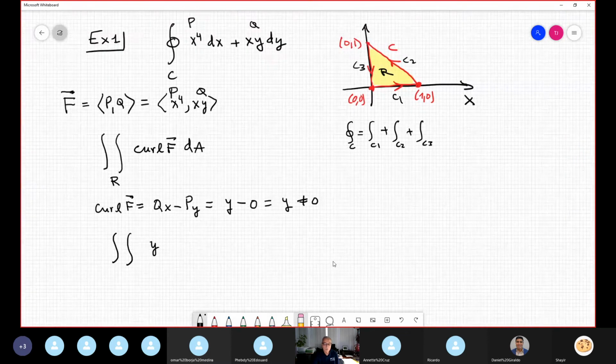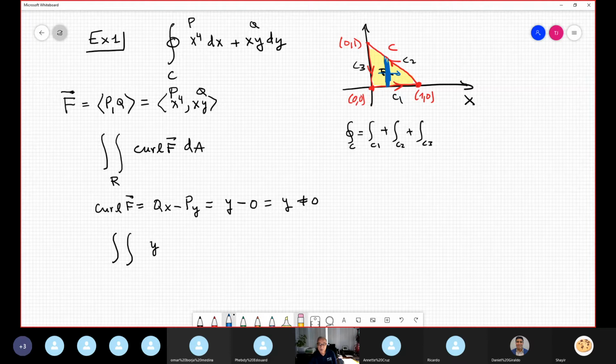Now it's a moment to define in what direction I want to perform the integral. I suppose I do the double integral in that direction first, and after I extend in the x direction. So dy first, dx secondly. I go from y equals 0 to the y of this line.